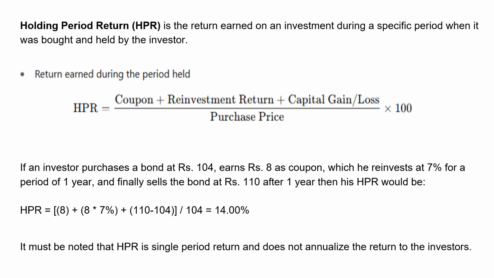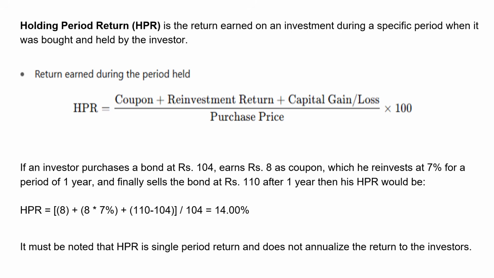So if an investor purchases a bond at rupees 104 and earns rupees 8 as the coupon, which he reinvests at 7% for a period of 1 year, and finally sells the bond at 110 after 1 year, then what would his HPR be? It's very important that you understand this question clearly. So I am an investor.